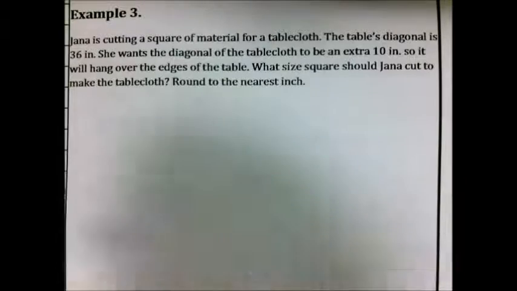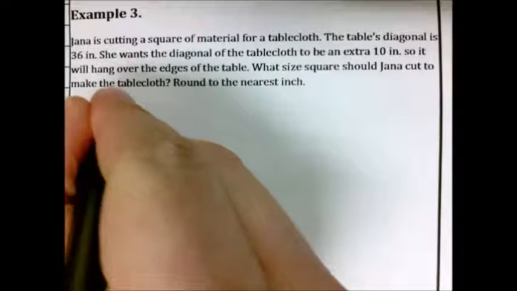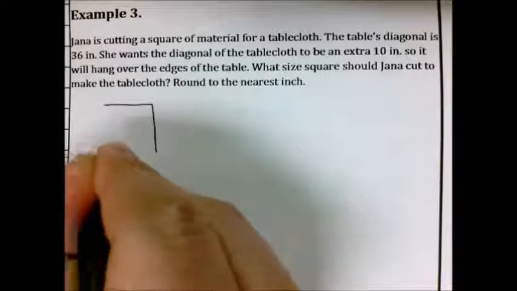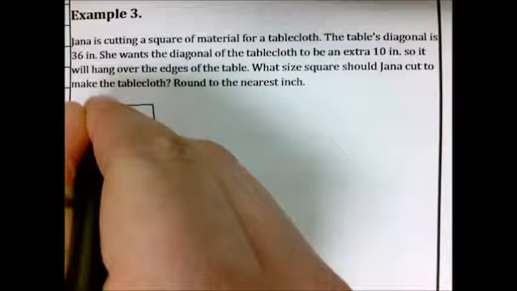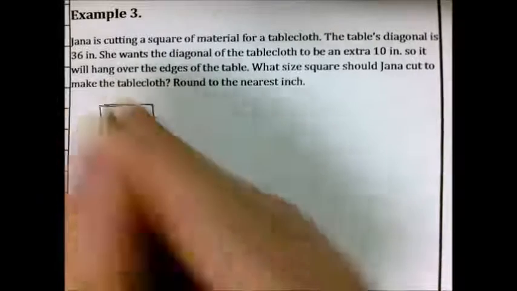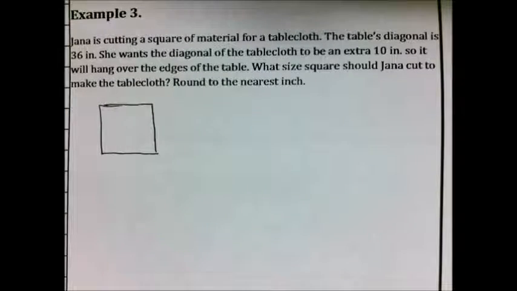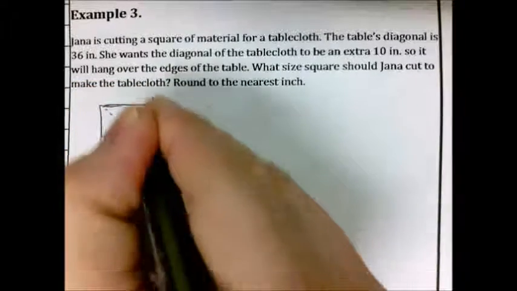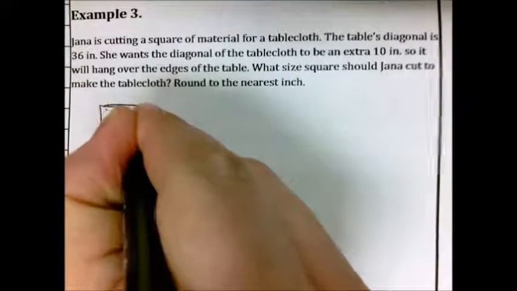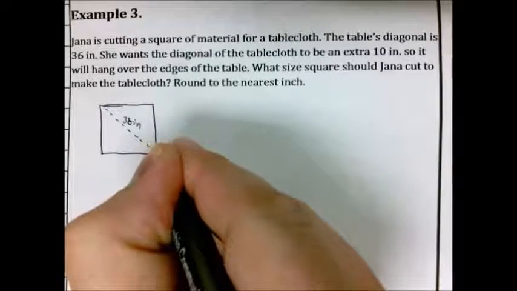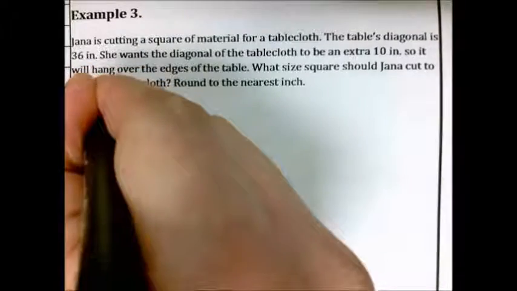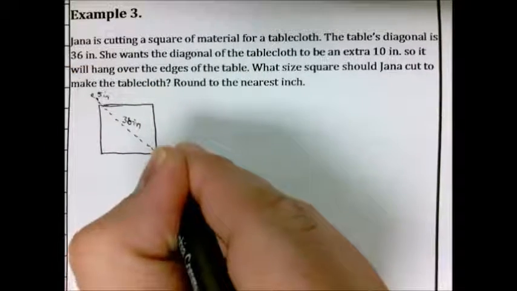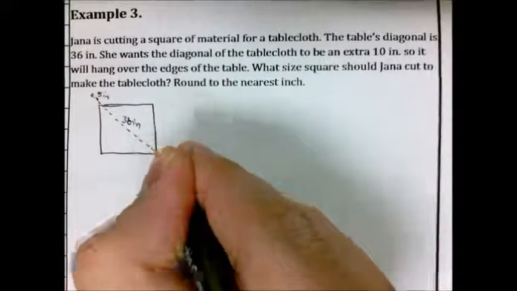Okay, so first let's go ahead and build a table, and remember our table is a square. So we're going to attempt to draw a good square. Should be something like that. And the diagonal of the table is 36 inches, right? But she wants the tablecloth to go over an extra 5 inches on both sides, so 10 inches longer in total length.